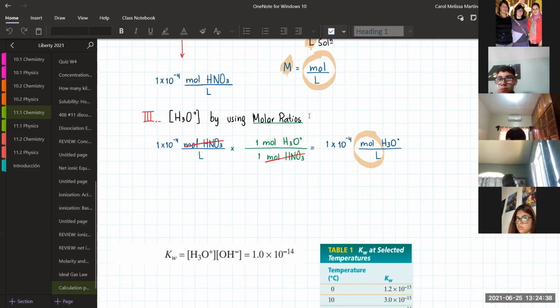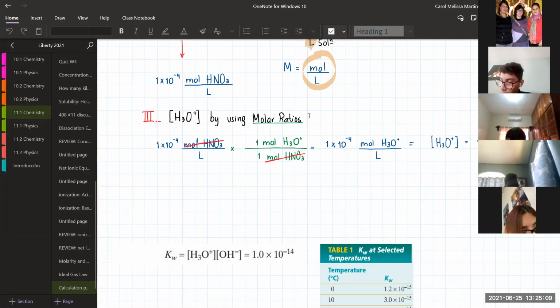And when we talk about concentration of ions, we can also express the answer like this. Both are correct. Both represent the same thing.